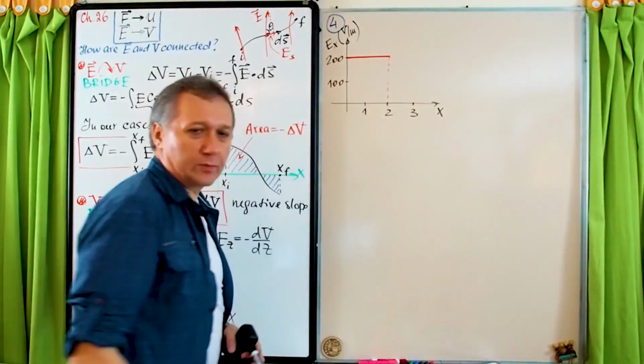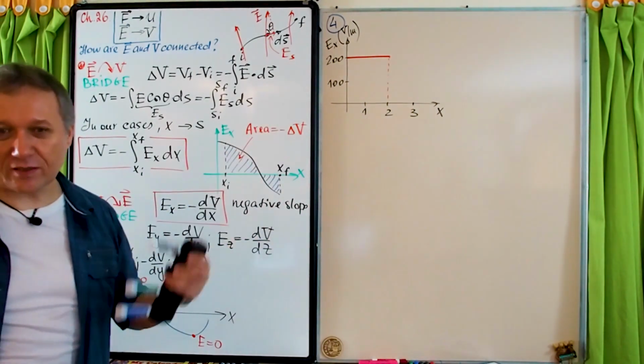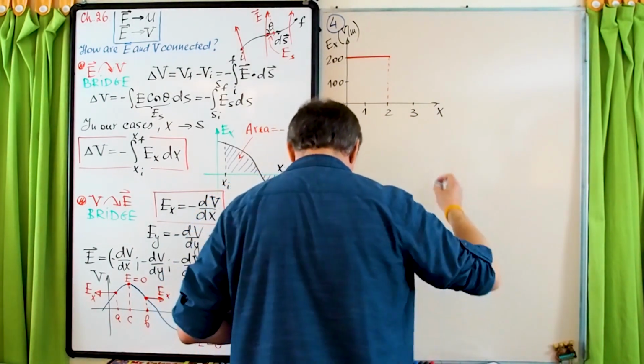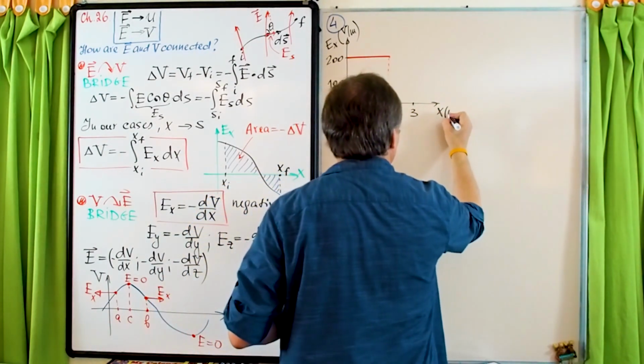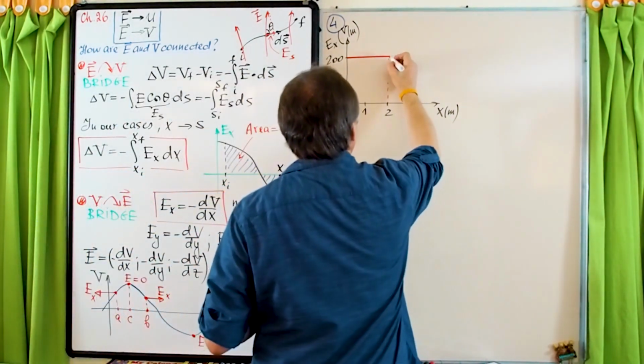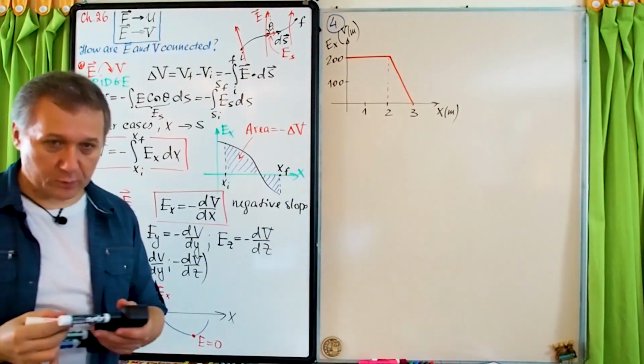It's a dashed line, so it means it's not a curve. I just want to show that that point is just above 0.2. X is actually in meters, it's important, and I missed it. And then the plot goes straight down to 3. Okay, so that's the plot.